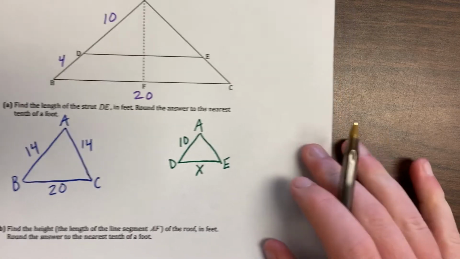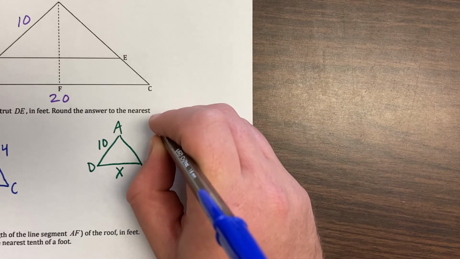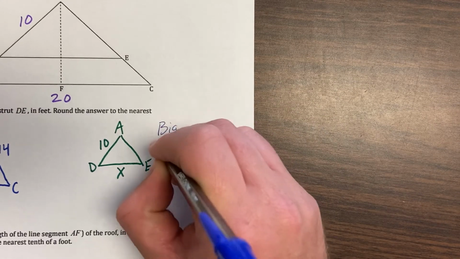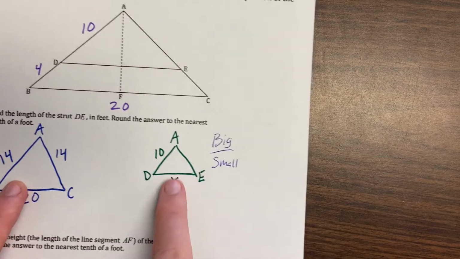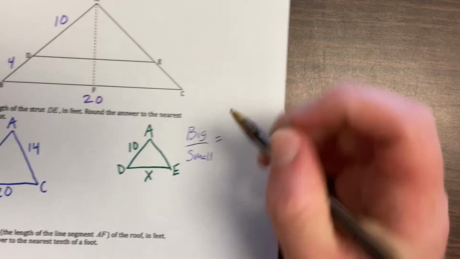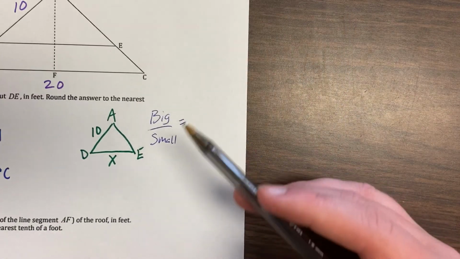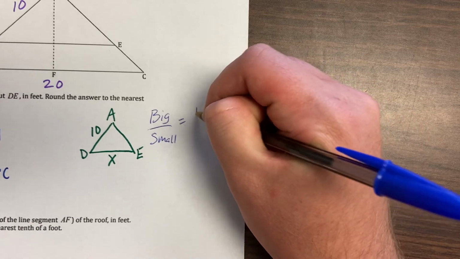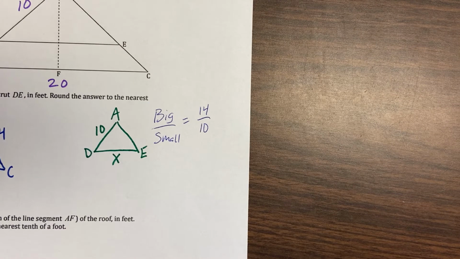All right, so to help keep our units in line here, let's compare the big triangle to the small. So we're going to compare this blue triangle to the green triangle. Well, this side here, AB, is the same side as this. So that side for the big is a 14, but for the small is a 10 here.